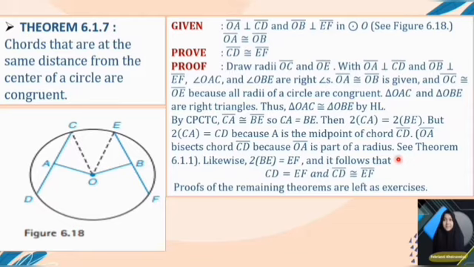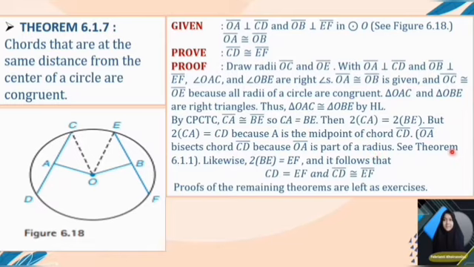Then 2 times CA equals 2 times BE, but 2 times CA equals CD because A is the midpoint of chord CD. Line segment OA bisects chord CD because line segment OA is part of a radius.